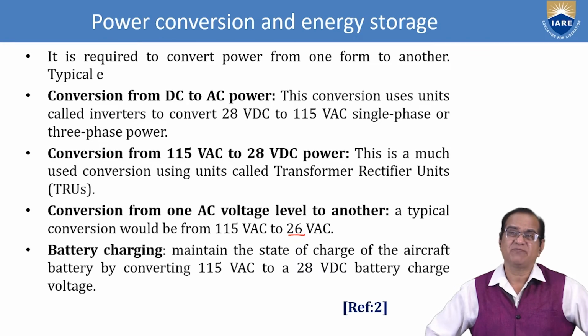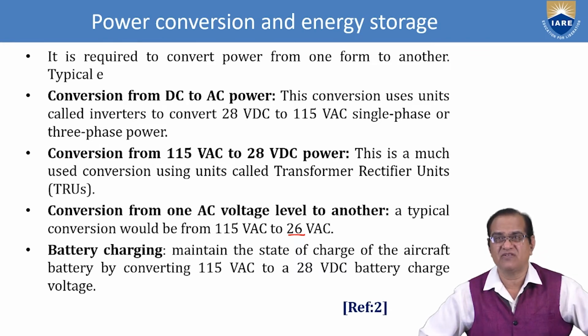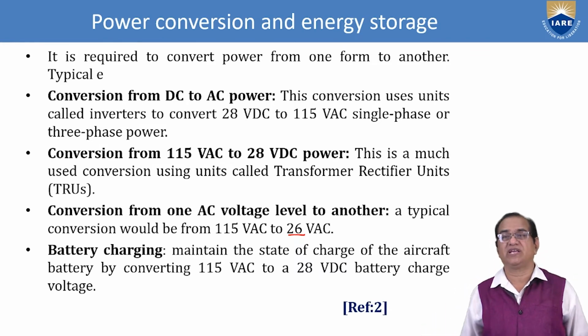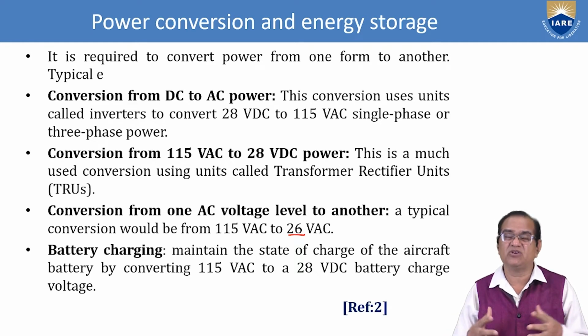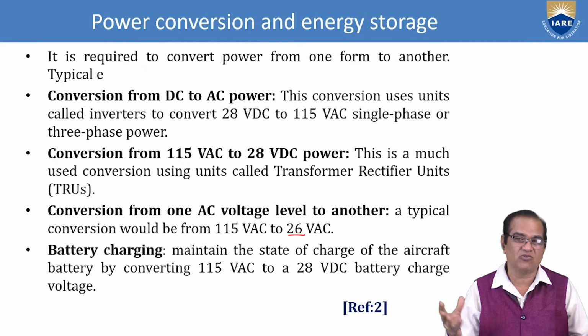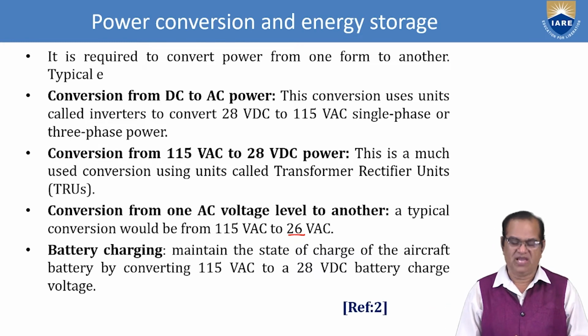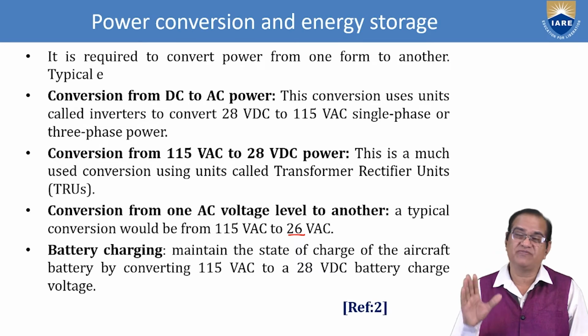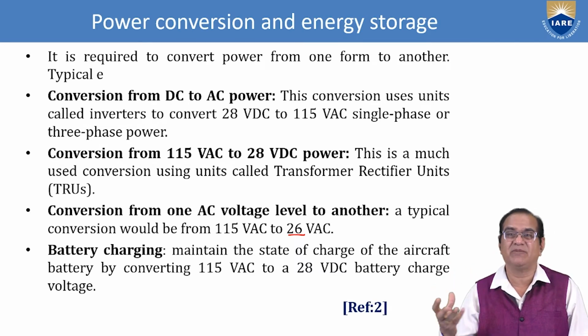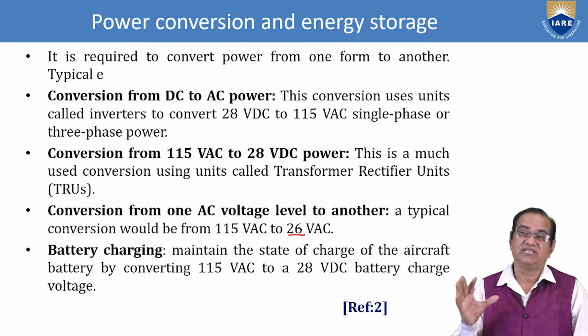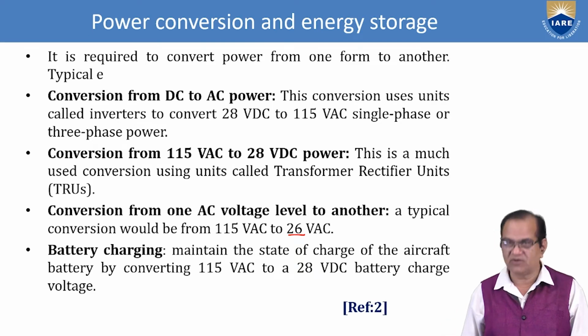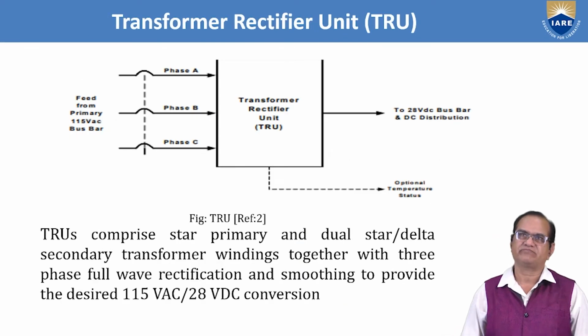Conversion also takes place from 115 volt AC to 26 volt AC for some equipment operated at a low voltage, like your lights. For battery charging, we need 28 volt DC. So the 115 volt AC generated by the main generator can be converted to 28 volt DC.